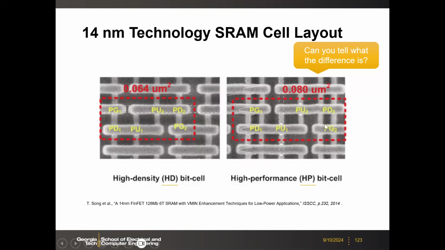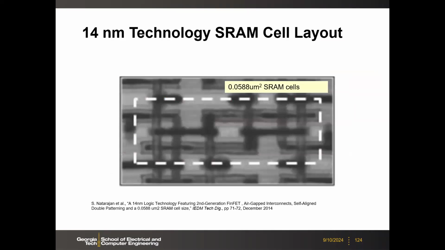And in this case, you can see this is like a 221 for this high performance cell. Okay, you can do this exercise by yourself. And this is another design. And you can look at the ratio again.